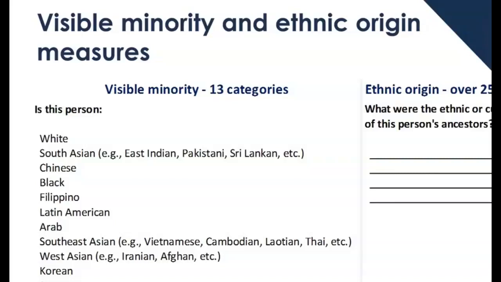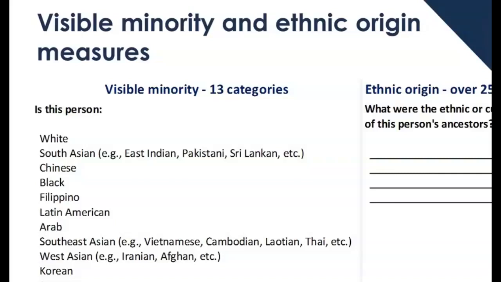And now for today, because we want to understand better some of these groups and assess the categorization, I have disaggregated them with ethnic origin. The ethnic origin is an open-ended question where we ask about the ethnic or cultural origin of this person's ancestors.